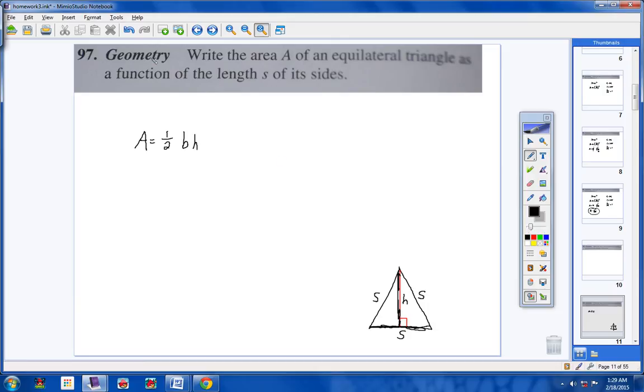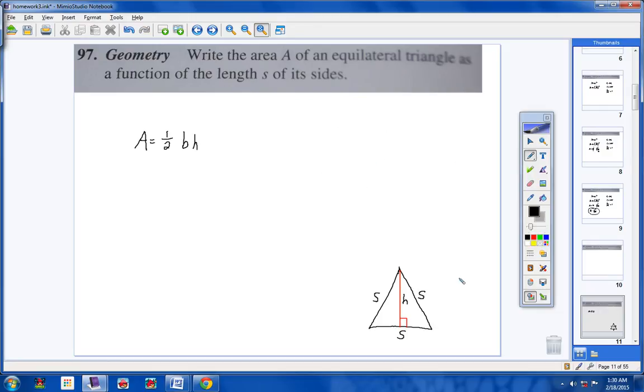If I asked you to find the area of an equilateral triangle that looked like this, if the height was 6 and all these sides were 5, you would take base times the height and multiply it by 1/2. You would get 15. 6 times 5 is 30, divided by 2 is 15.